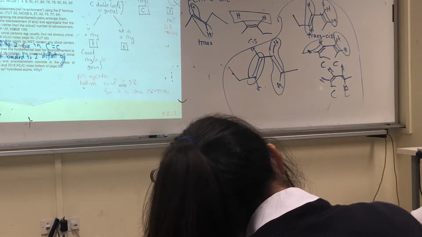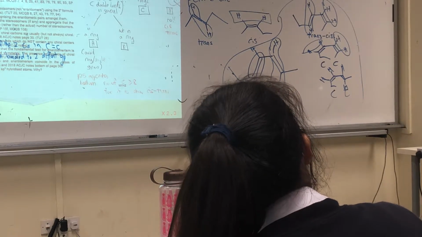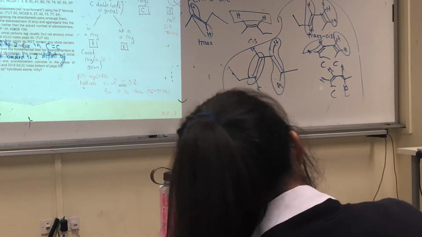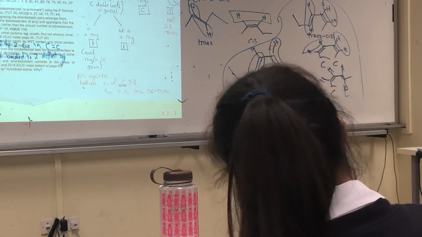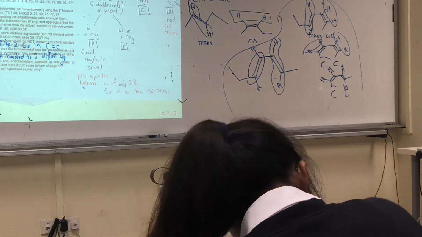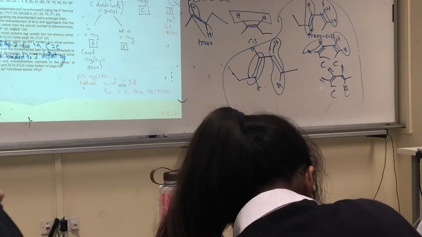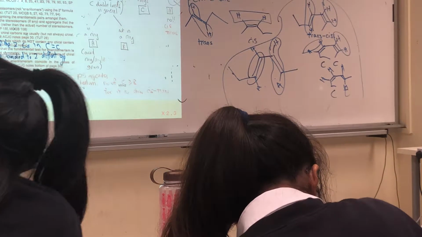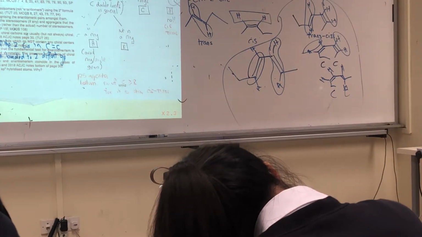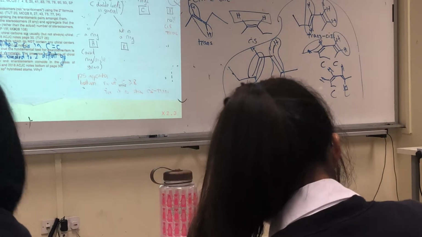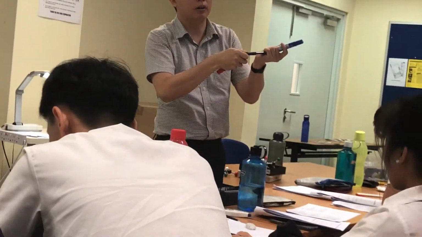But if your ring size is too small, all these CH2s will jut into the pi electron cloud here, right? Then it will cause strain within the molecule. It won't be stable. That's why the size of the ring has to be big enough to adapt to your trans. Understand the concept? If there are too few carbons, the rest of the carbons will jut into the pi electron cloud.